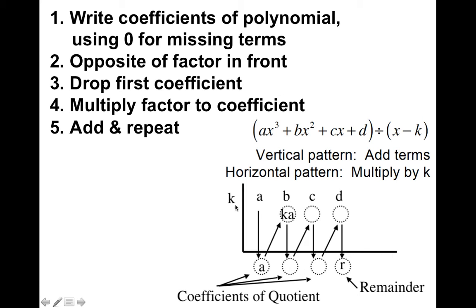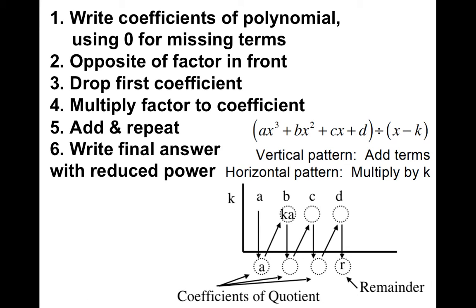Then you repeat. You multiply k times that sum, put it here, add those up, put it here, and so on. The very last number is the remainder. Once you have that final remainder, you write your final answer with the reduced power. So if this was x cubed, the reduced power would be starting off with x squared.